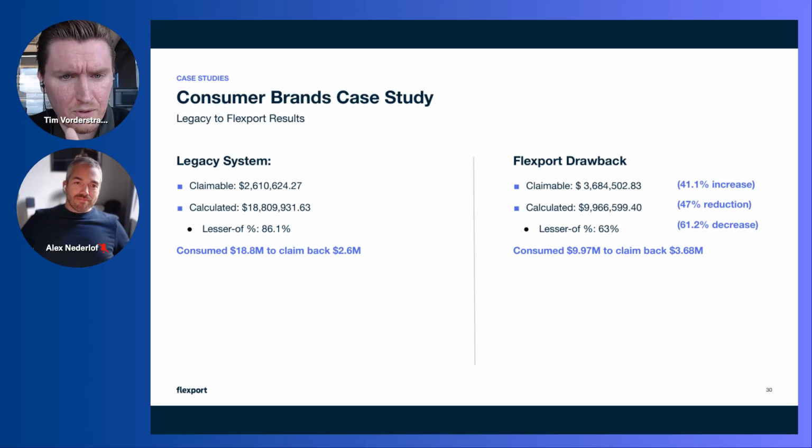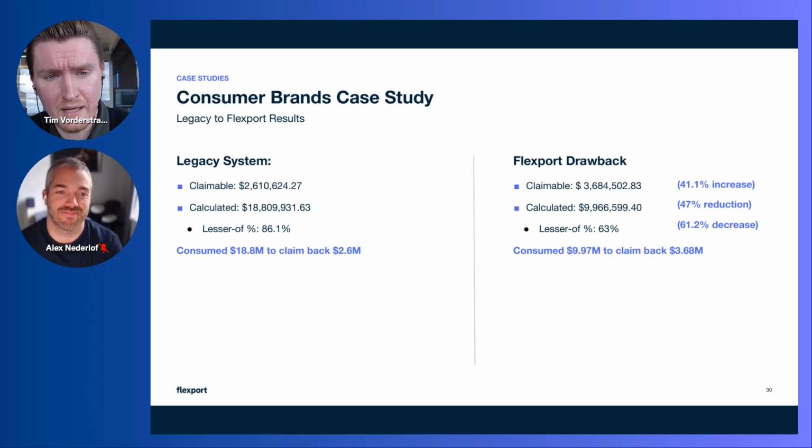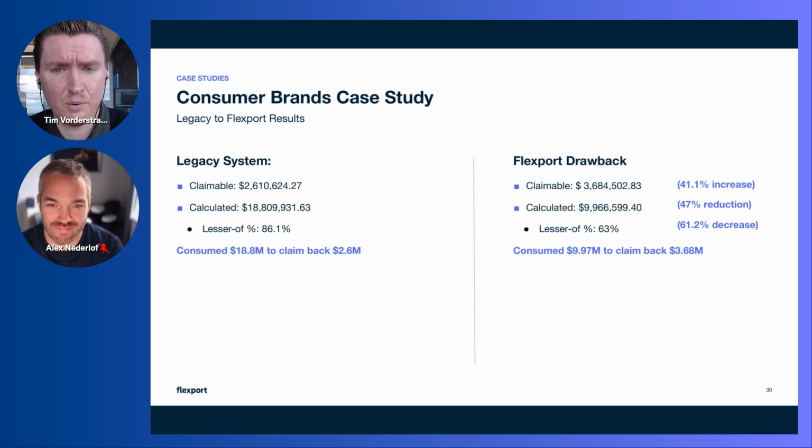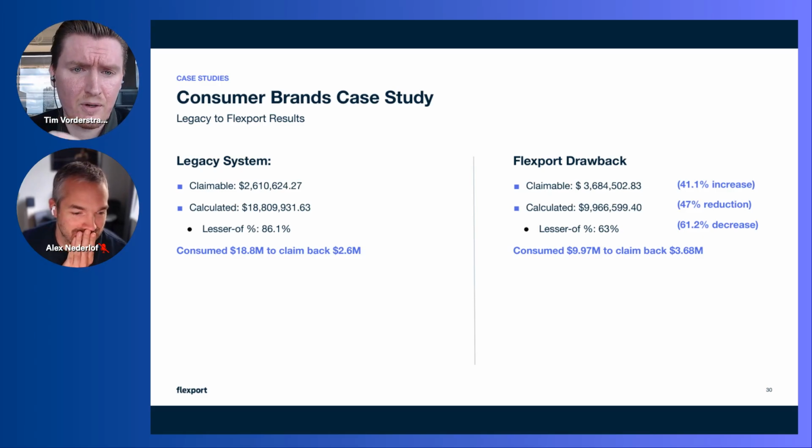So in this case, the legacy system consumed 18.8 million in duties to claim back 2.6. We brought that down by 47%. We consumed 9.9 million to get back 3.6, and reduced the lesser of implication by 61.2% from 86.1 to 63%.